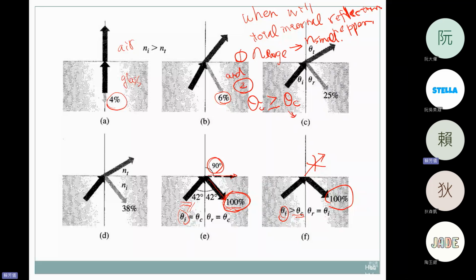Theta C is the critical angle, and this is the incident angle. Okay, this is very important.